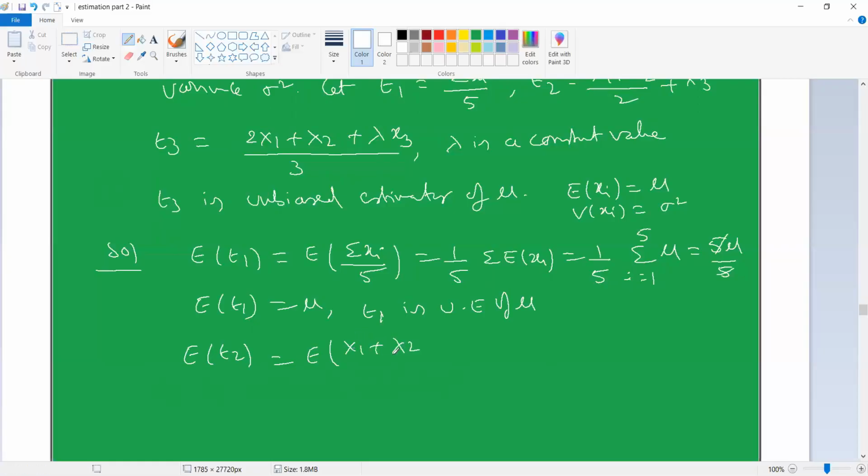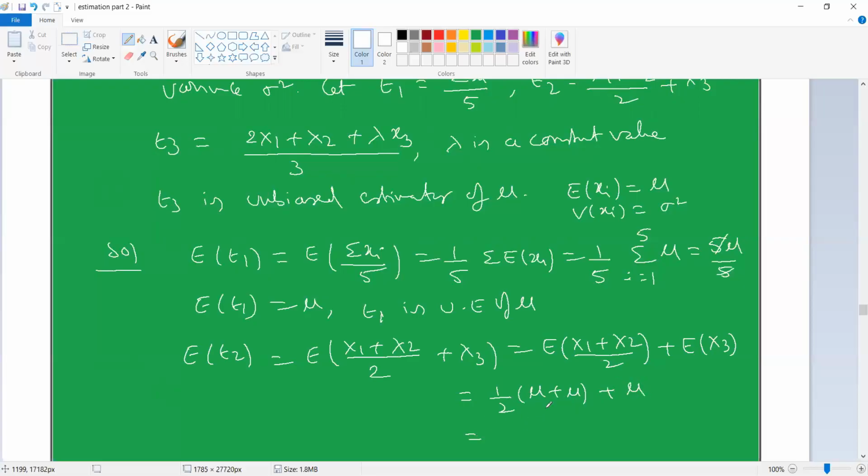T2 is X1 plus X2 by 2 plus X3. Applying properties, expectation of (X1 plus X2) by 2 plus expectation of X3 is equal to 1 by 2 (mu plus mu) plus mu.